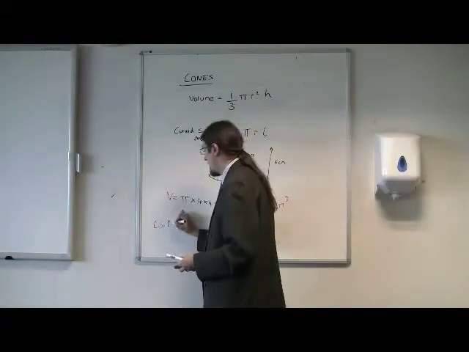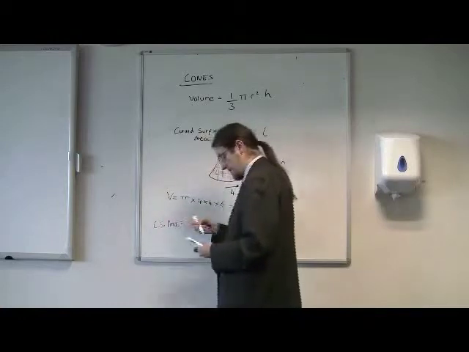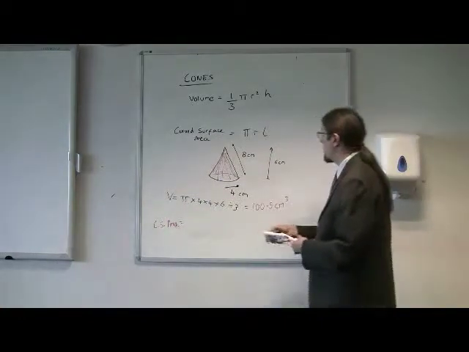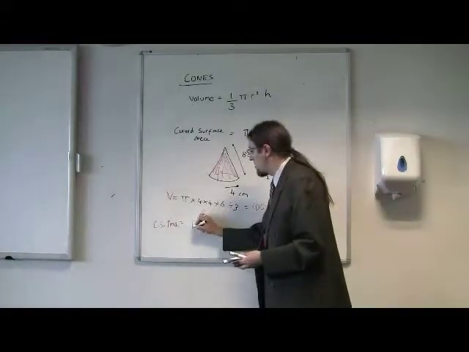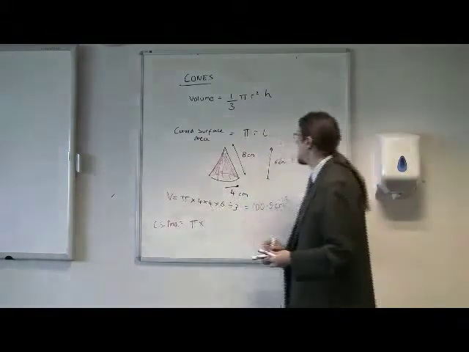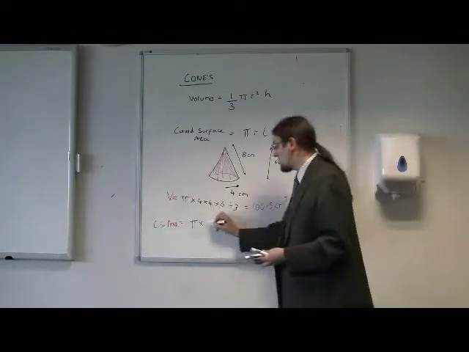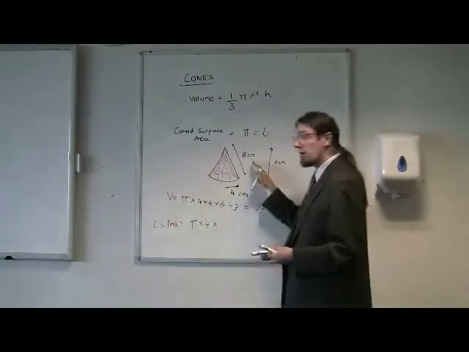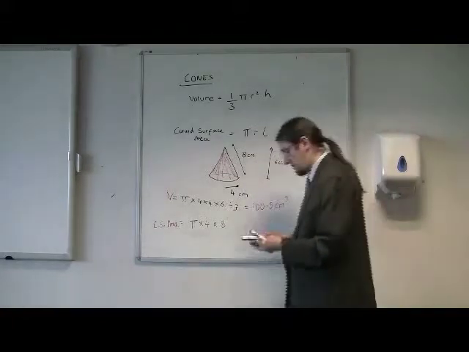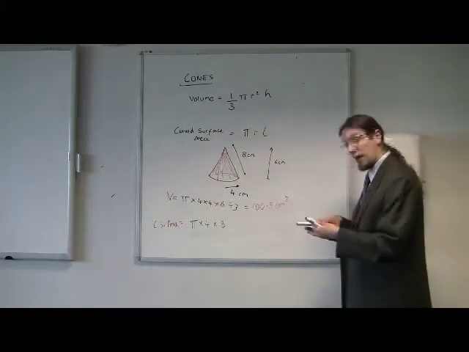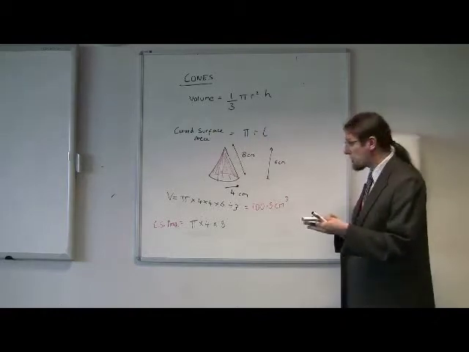Curved surface area. The formula is much more simple. It's just pi times r, so that's the radius, times L, the slanting side, so just times 8. Again, I just use the calculator. I'm going to use the pi button.